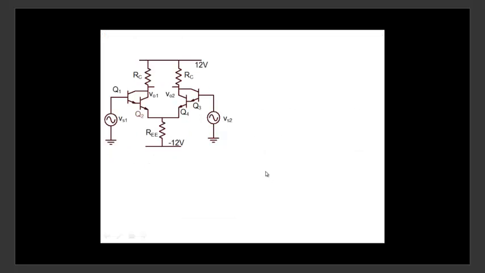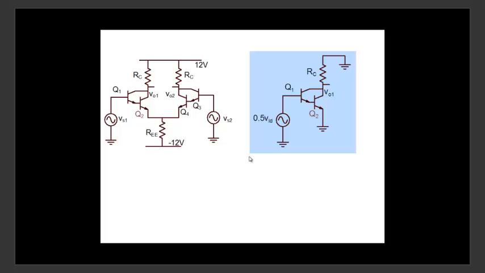In differential mode, this point will become ground, and we'll put 0.5 VID here. So effectively, this is the circuit that I get. We need to analyze the gain and the input resistance of this. We have done this before, but let's quickly go over it.